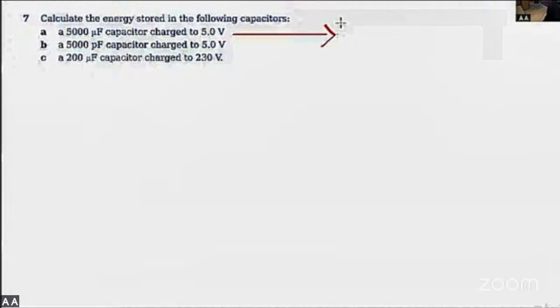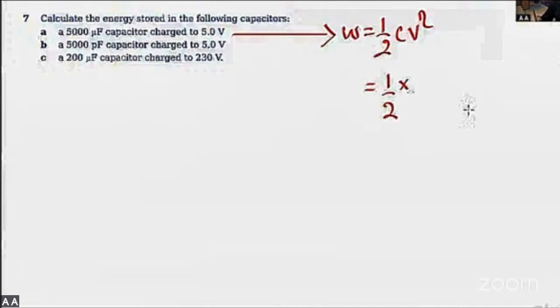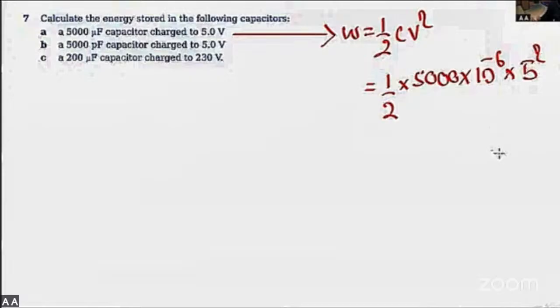Next question. Calculate the energy stored in the following capacitors. We can use the same equation, W equals half CV squared. Half into 5000 microfarad, 10 to the minus 6, into 5 squared.